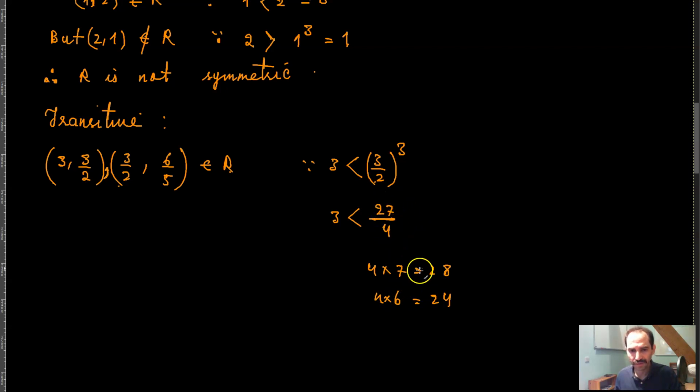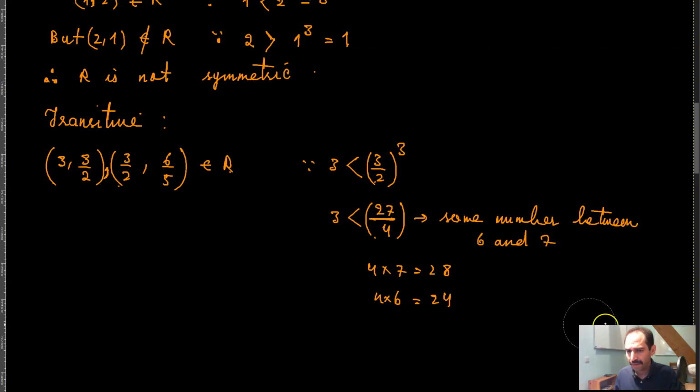So 27/4 is some number between 6 and 7, which means that basically 3 is less than that number, whatever that number might be, right?